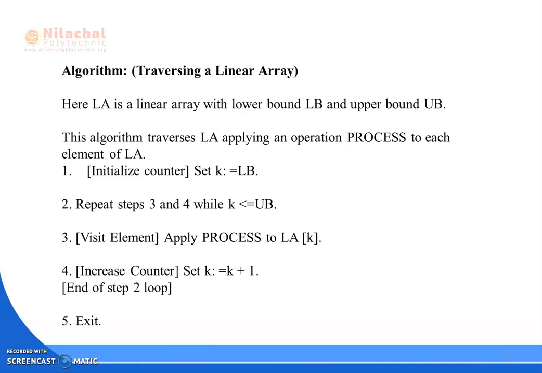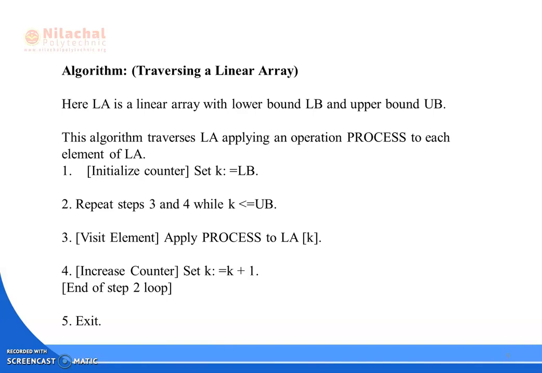Next, we will be repeating steps 3 and 4 until and unless k is less than or equal to the upper bound. As the variable moves up until it reaches the upper bound, steps 3 and 4 will be accomplished.